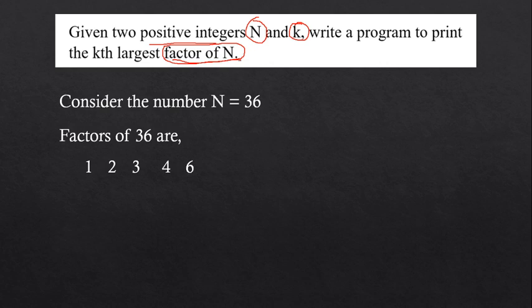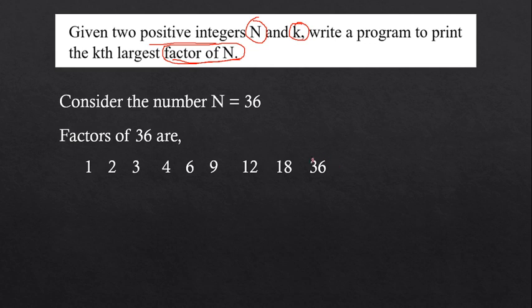After this, what is the next factor? Just go in ascending order. Don't consider random factors. 1, 2, 3, 4, 6. Next factor will be 9. Next factor will be 12. And then 18. And the last factor will be 36. Is that clear? These are the factors of 36: 1, 2, 3, 4, 6, 9, 12, 18, 36.